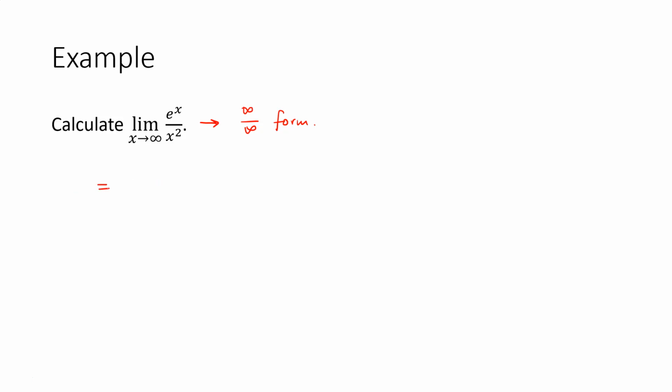So in the next step, we can say that this is equal to the limit as x approaches infinity of, when I take the derivative of the numerator, we get e to the x again. When I take the derivative of the denominator, we get 2x. So there I applied L'Hopital's rule.